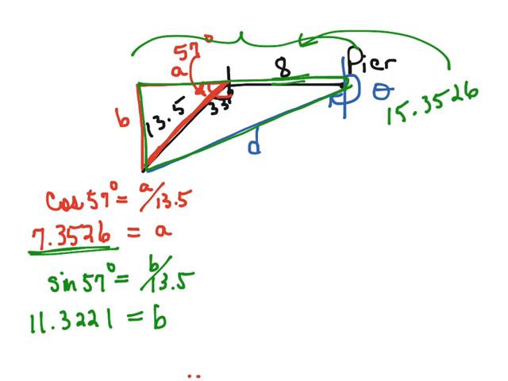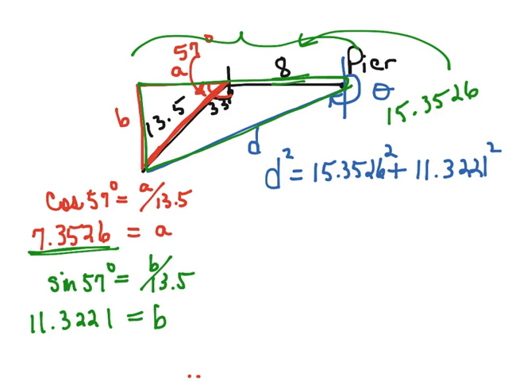And so we can find our distance D using the Pythagorean theorem. D squared is going to be equal to 15.3526 squared plus B, which was 11.3221 squared.